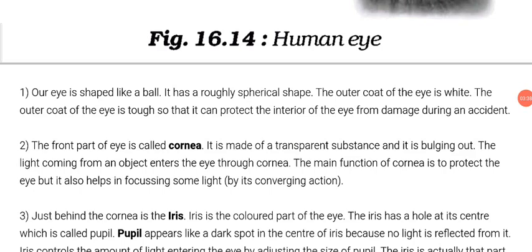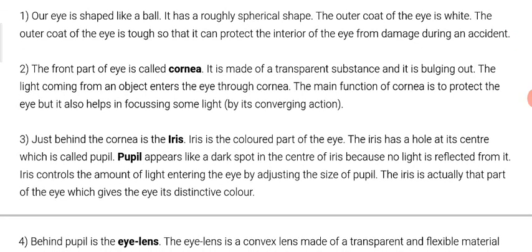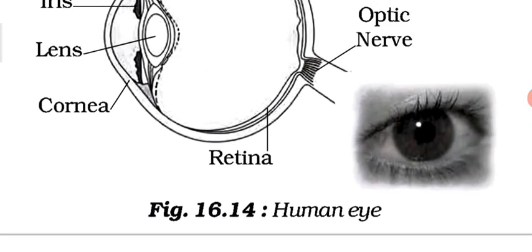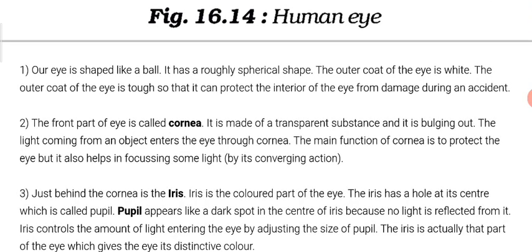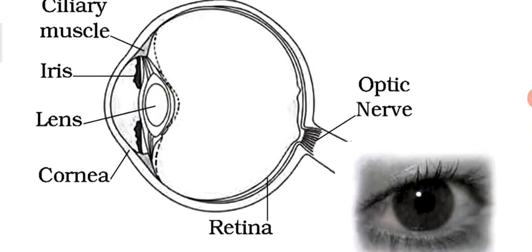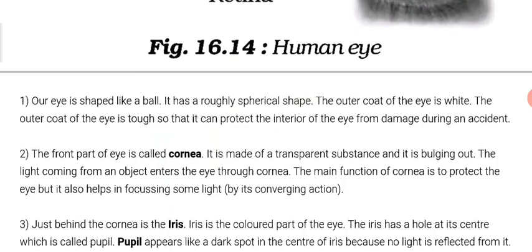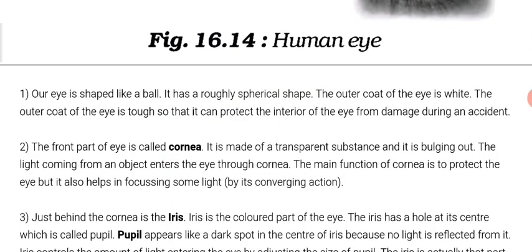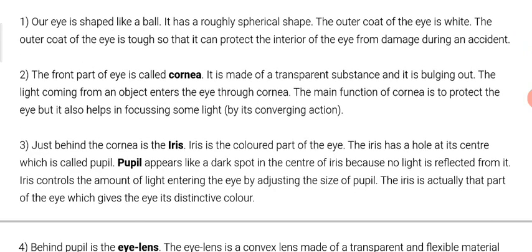Okay. The front part of the eye is called the cornea. As you can see in the picture, this is the front part, the bulging part. So all of you keep this picture in your mind, and now I'm reading one by one the functions and about all the parts of this eye. It is made of transparent substance and it is bulging out.